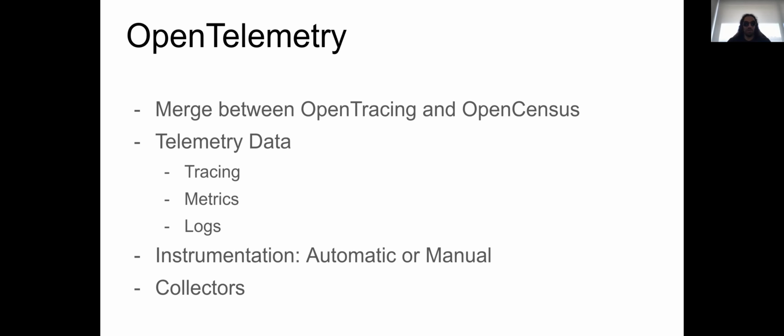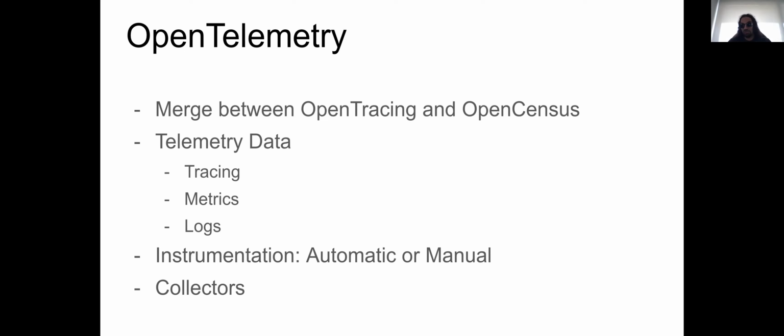Or if you want, you can of course create your own spans in your own code and just enroll in the current trace that's happening. So there are multiple options for how you can use that. Of course, ideally you want everything to be automatic, because it will be less intrusive to your code and you won't have to change your code.